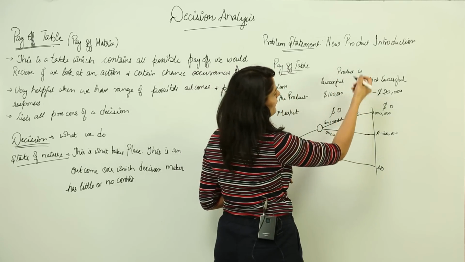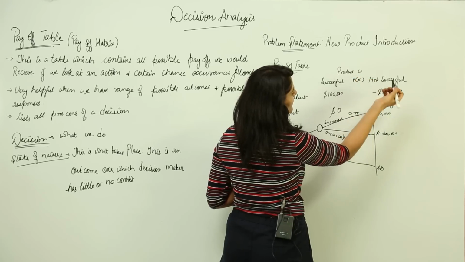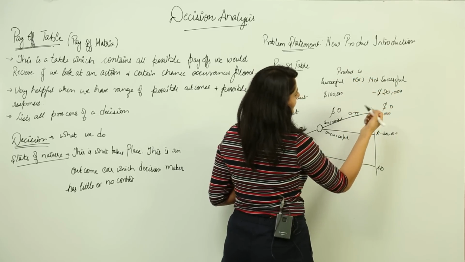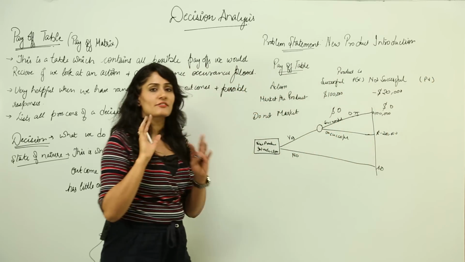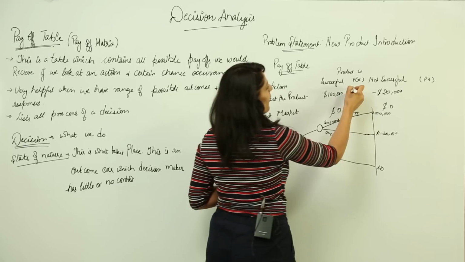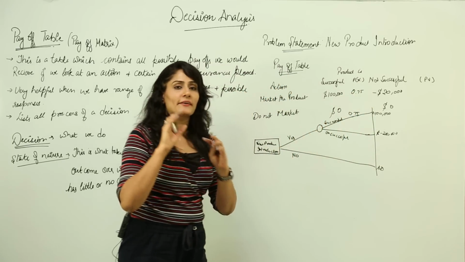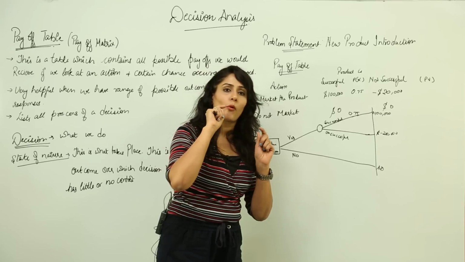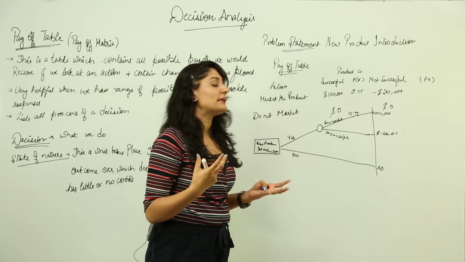So here I can also write it like this. I can add another line that says Px, that is probability, and again, right. So he says that the chances of success are 0.75. We know that the probability can be between 0 and 1. So now what are my chances of not being successful?